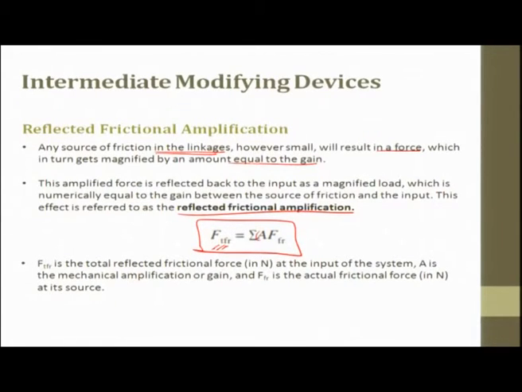A is the mechanical amplification, F is the actual frictional force at its source. So, the total reflected frictional force can be written as the summation of A, the mechanical amplification, into F, the actual friction force, for individual components. So, that is why we have given a summation. Okay. So, this is what is reflected frictional amplification.